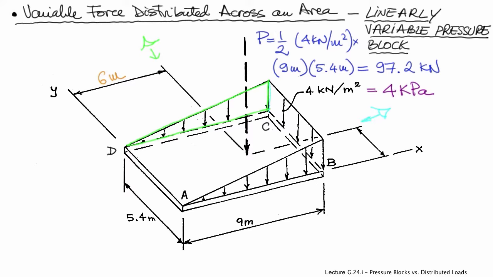So that would be 6 meters away from D in the CD direction, and 2.7 meters away from B in the BC direction. Obviously, the load intensity of 4 kilonewtons per meter squared can also be expressed in the International System of Units as 4 kilopascals.